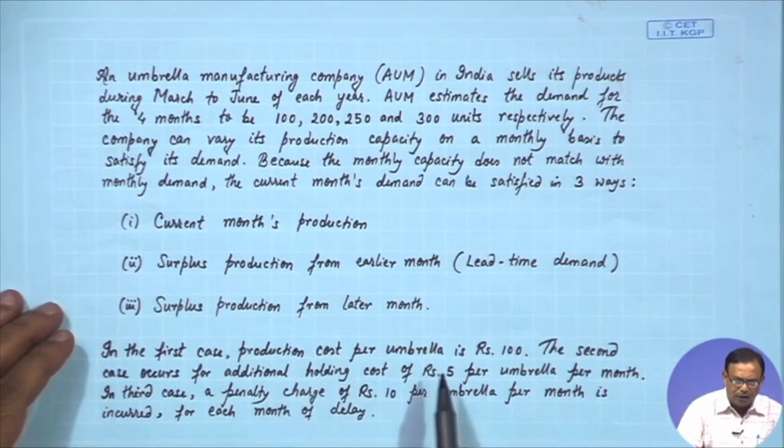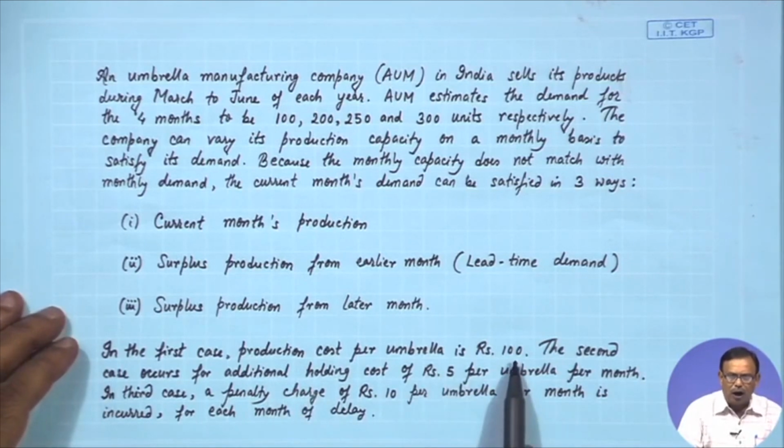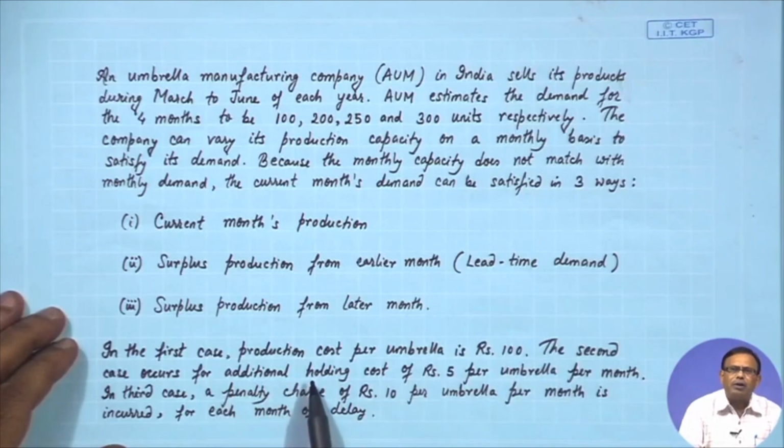In the first case, the production cost per umbrella is rupees 100. So, please note that if you are producing and delivering in the same month, the cost of the umbrella is 100. In the second case, you produced in the earlier month and you are delivering it in the next month, so you have to keep that umbrella for 1 month.